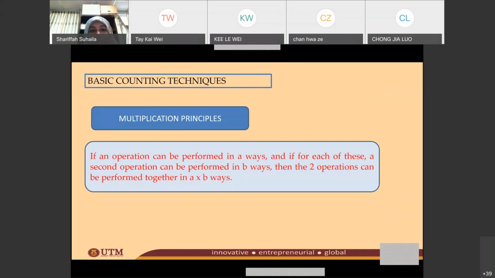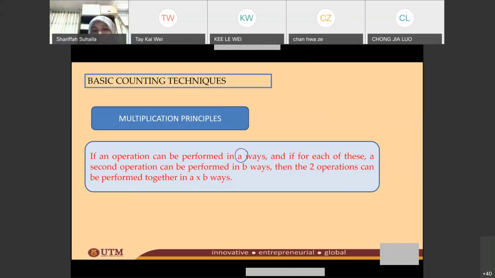First one is the multiplication principle. If an operation can be performed in A ways, and if for each of these, a second operation can be performed in B ways, then the two operations can be performed together in A times B ways. Say you want to go from UTM to Taman Universiti, maybe there are 3 ways, and from UTM to Taman Tun Aminah, maybe there are 5 ways. Altogether you have 3 times 5, that means 15 ways.